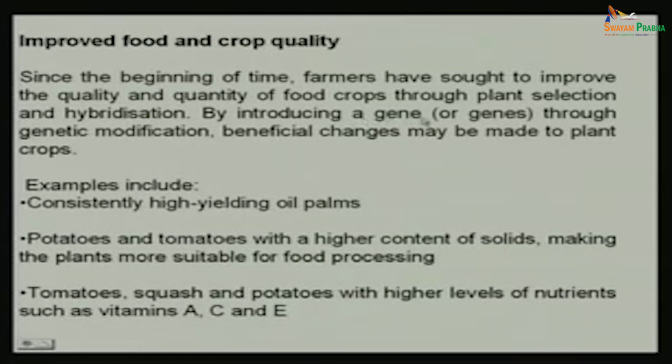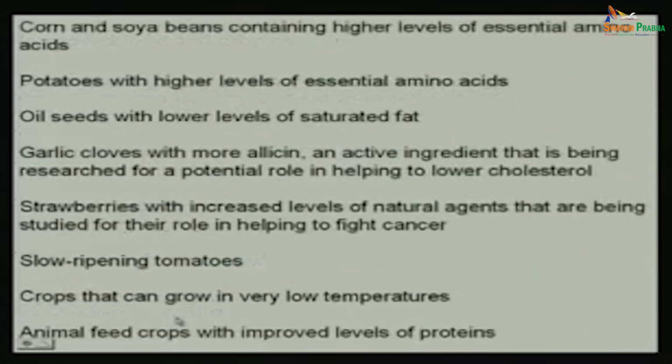By introducing a gene through genetic modification, beneficial changes have already been made in some of the crops, which include consistently high yielding oil palm, potatoes and tomatoes with a higher content of solids, making the plant more suitable for food processing, tomatoes or squash and potatoes with high levels of nutrients such as vitamin A, C and E are already available.